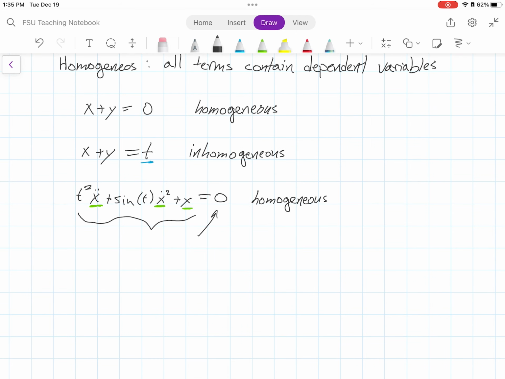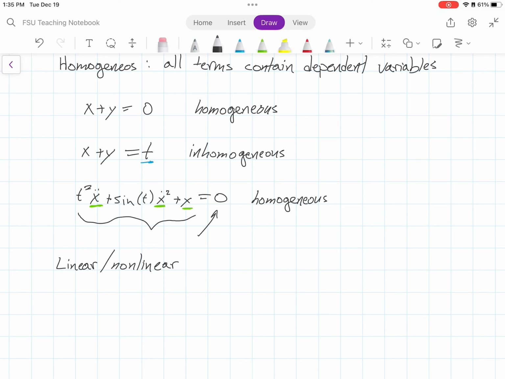Another classification that can apply to differential or algebraic equations is linear or nonlinear equations. So we're talking about linear in our dependent variables.